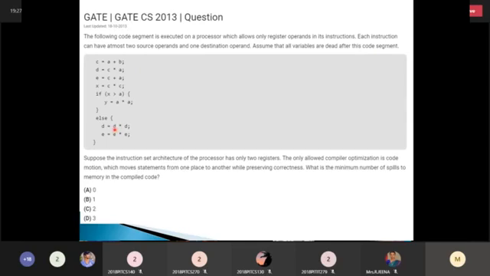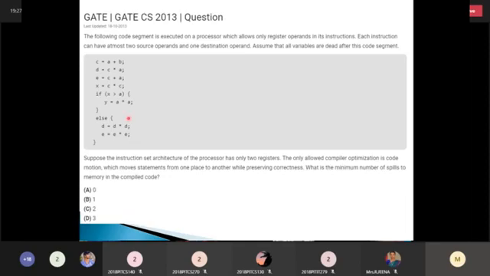So this is the set of code they have given. Suppose the instruction set architecture of a processor has only 2 registers. The only allowed compiler optimization is code motion, which moves statements from one place to another while preserving the semantics. So what is the minimum number of spills to memory in the compiled code? We have the options 0, 1, 2, 3.